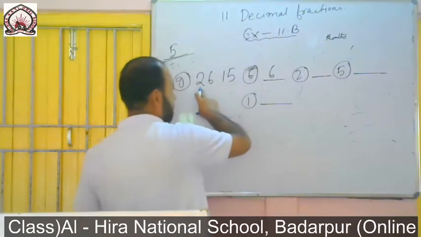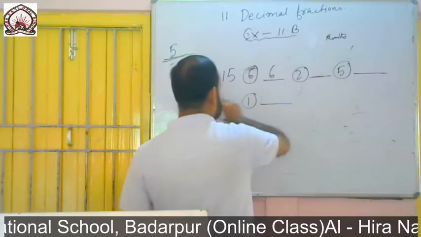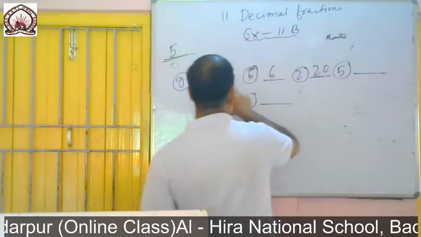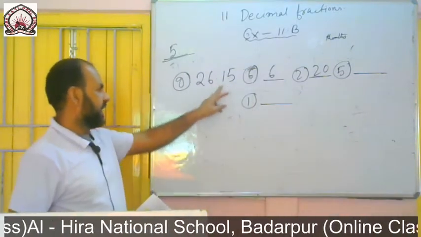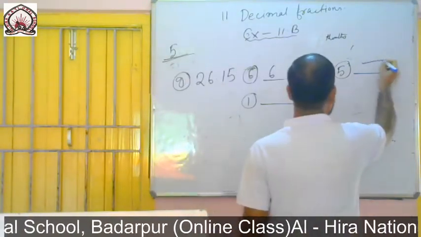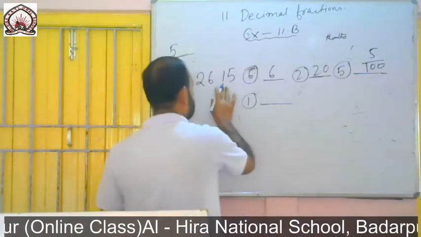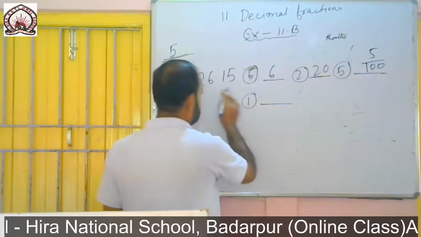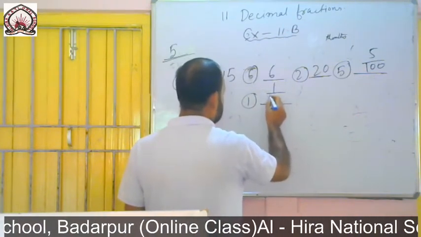The 2 is in the tens place, so its place value is 20. The 1 is in the tenths place, so its place value is 1 by 10. And this 5 is after the decimal, in the hundredths place, so its place value is 5 by 100.